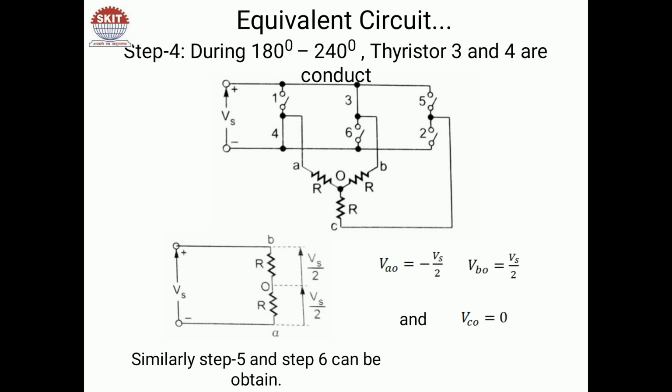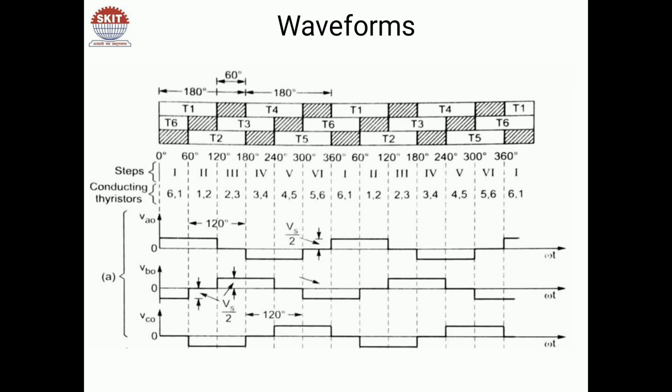Now we plot the waveforms of the phase voltages according to the different steps. From 0 to 60 degree, from the conduction cycle, in the first step only T1 and T6 conduct.